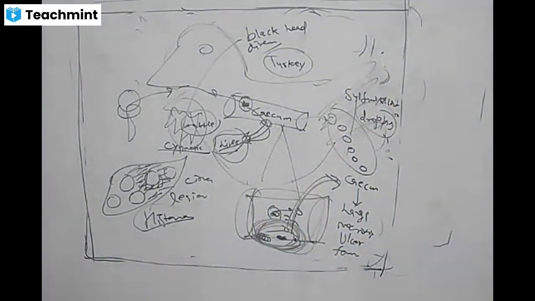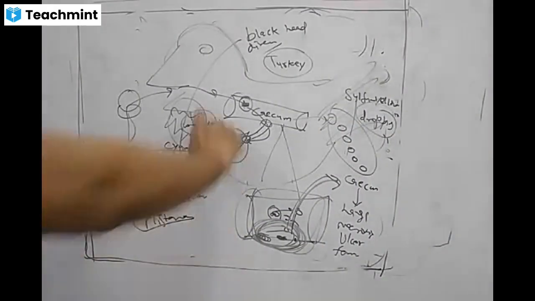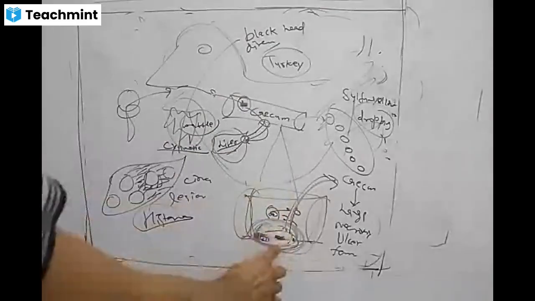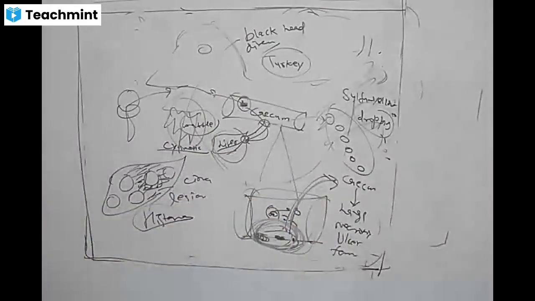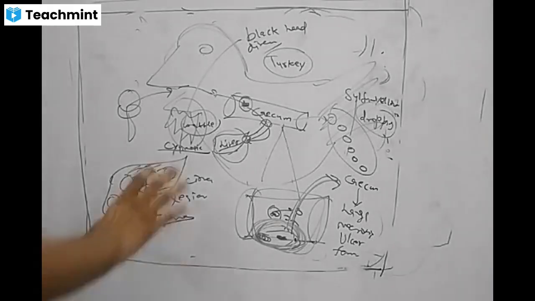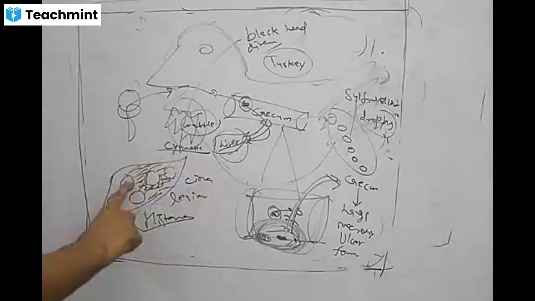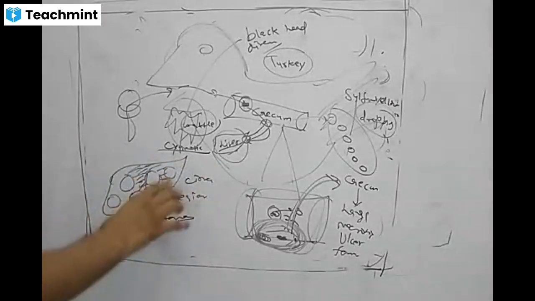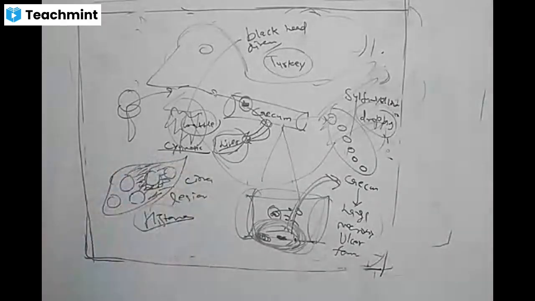So this is the whole story of Histomonas meleagridis, where two organs are mainly affected. One is the cecum, initially pinpoint ulcers, then they fuse with each other, and that may lead to large necrotic lesions. And second is the liver, where you find circular depressed ulcers, necrotic lesions.